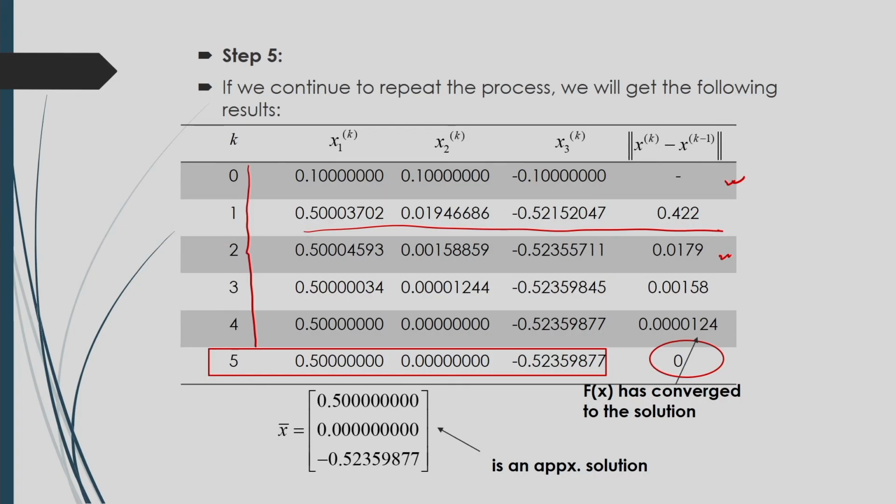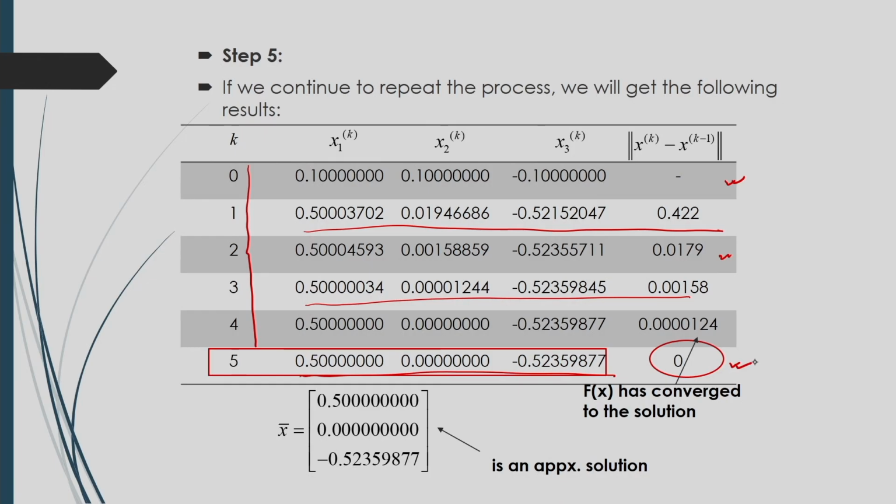At different k values we get different values of x1, x2 and x3, and you will see that at the fifth iteration the value of x1 will be 0.5, x2 will be almost 0 and x3 will be minus 0.52359987.